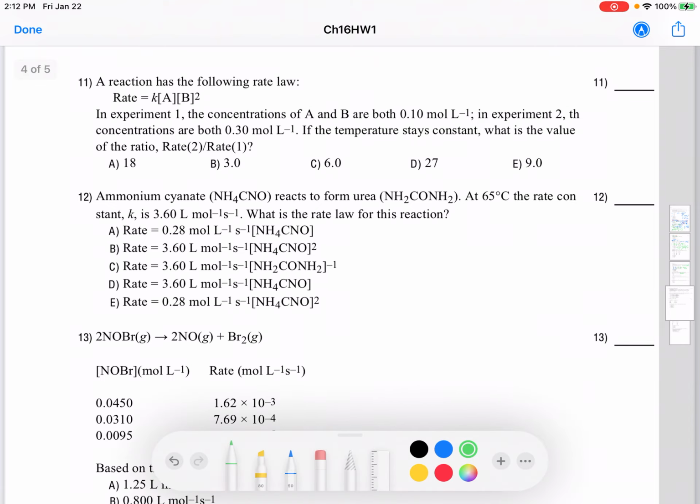So how do we do that? Again, this is not that hard. Rate 2 over rate 1. The rate is given as K times A to the first power times B squared. For the second experiment, the concentrations are both 0.3, so A is 0.3 and B is also 0.3.